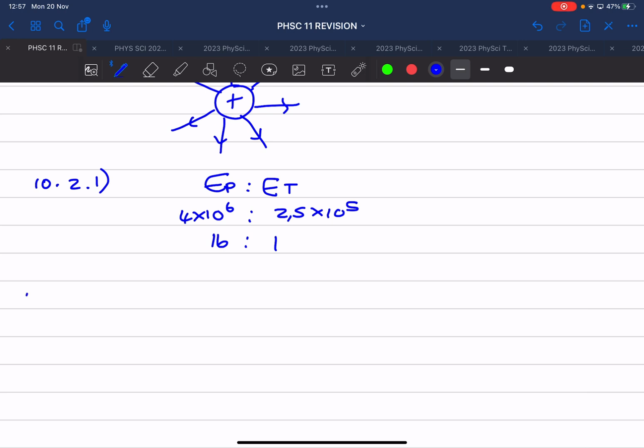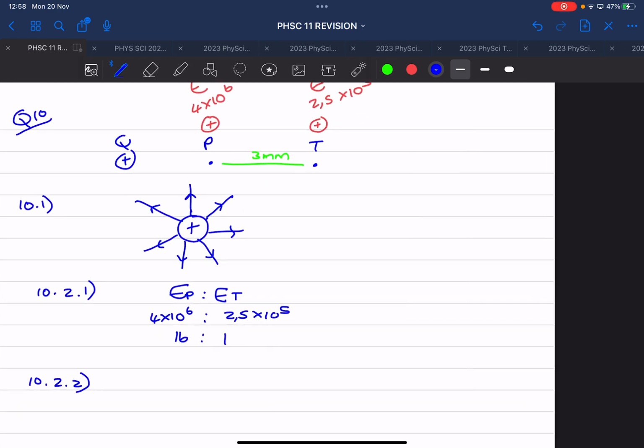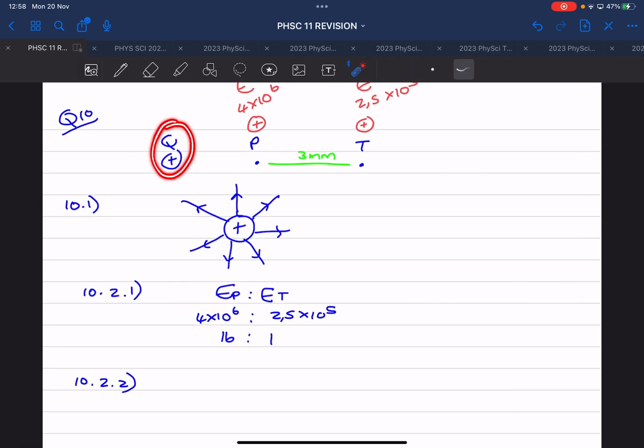Okay, dan vra ek vir jou by 10.2.2. Het ons nie hierdie al gedoen nie? Bereken die afstand tussen lading Q en lading P. The distance between Q and P. This distance there. Sê weer?